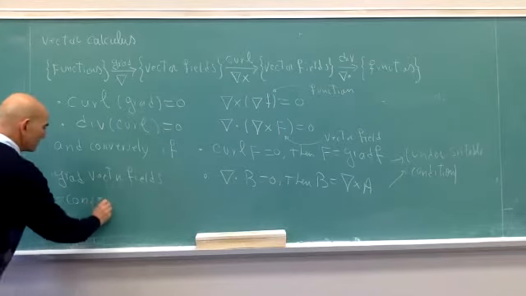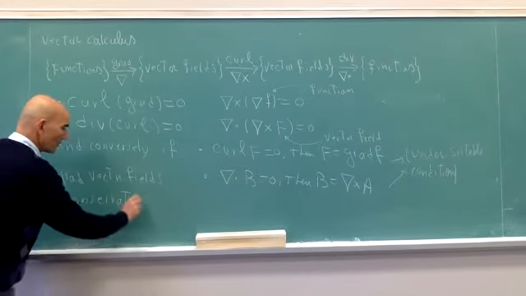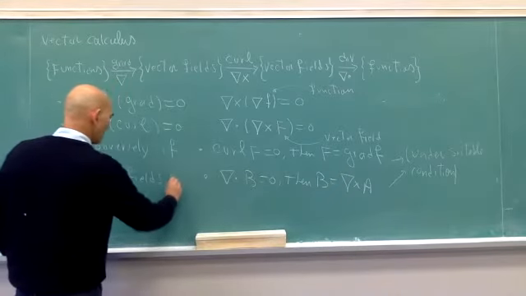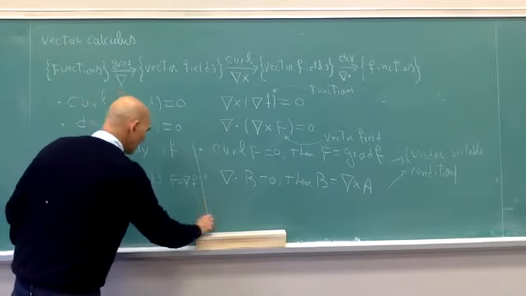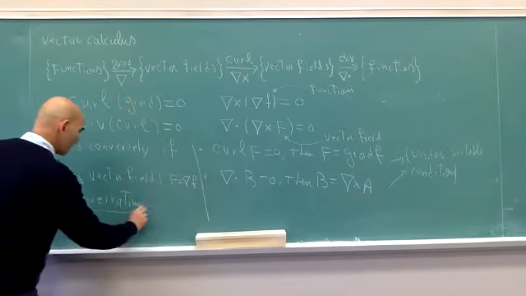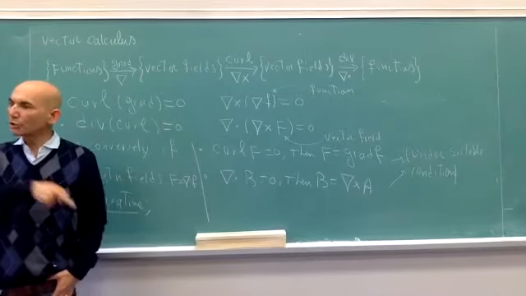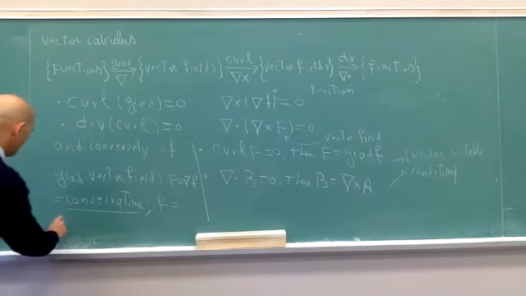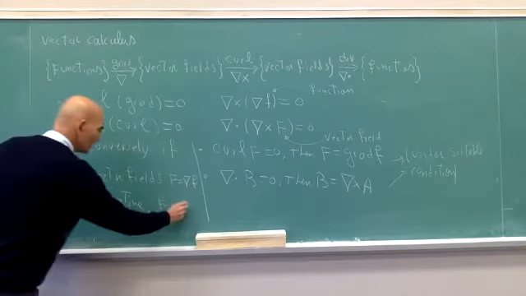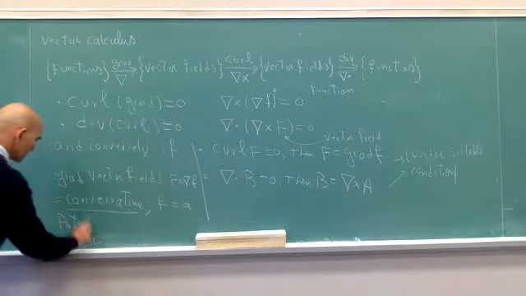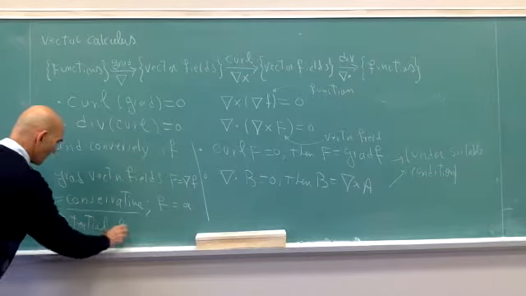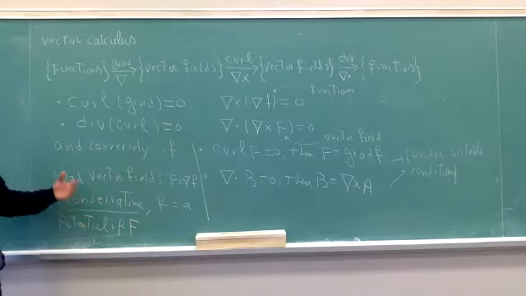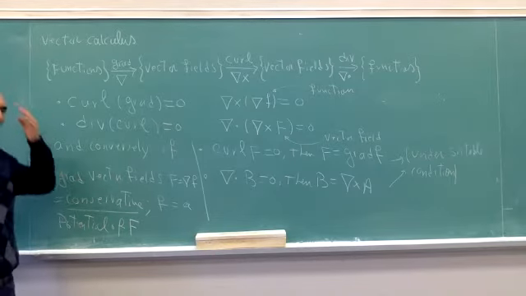So F equal to gradient of f is called conservative, and this little f is called the potential of that vector field. So it had many names: conservative, gradient.